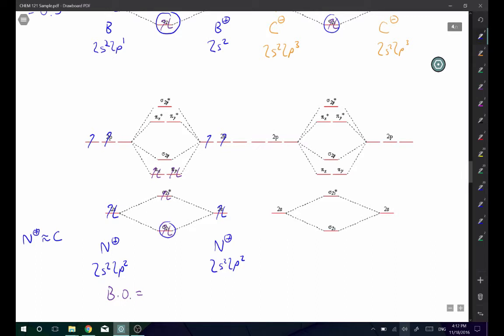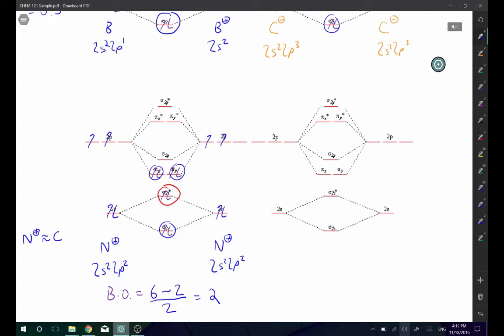We have 1, 2, 3, 4, 5, 6. We only have 6 bonding electrons. Minus how many anti-bonding do we have? In red. I've shown it in red. We have 2 anti-bonding. And divided by 2 from the general formula, that will give us 6 minus 2, so that will give us a bond order of 2. So it looks like dinitrogen with a 2 plus charge has a bond order of 2.